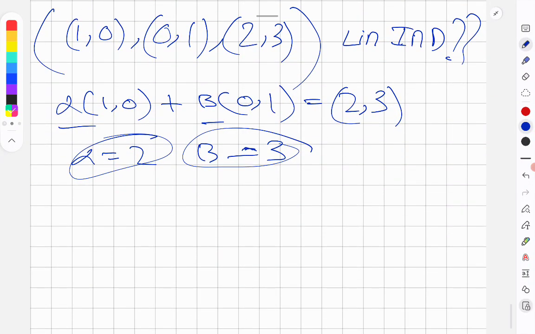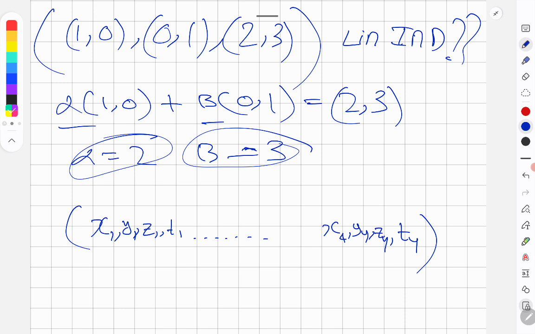For example, if you have 4 vectors like x1, y1, z1, t1, and similarly x4, y4, z4, t4, so 1, 2, 3, and this is the 4th one.